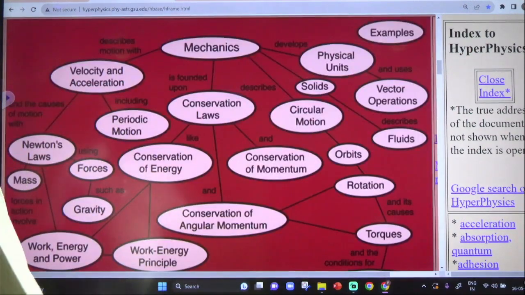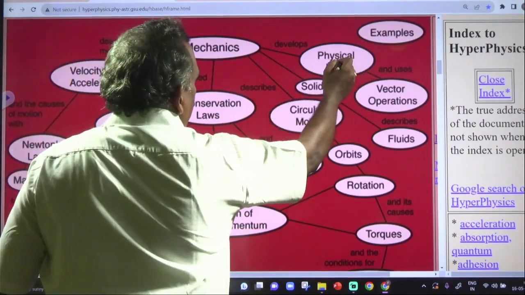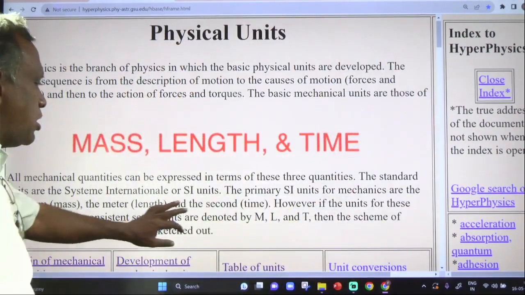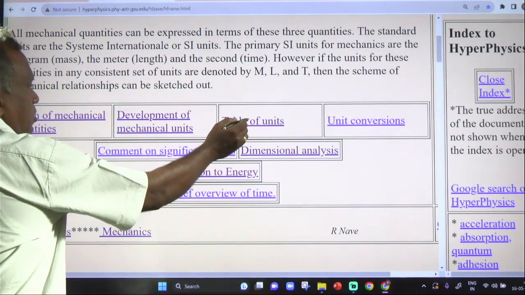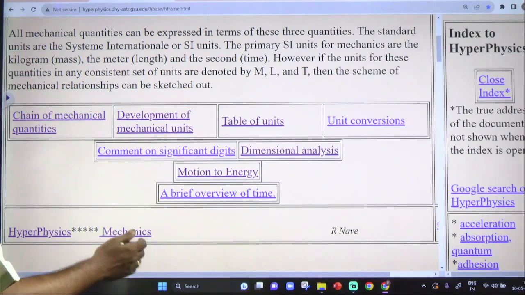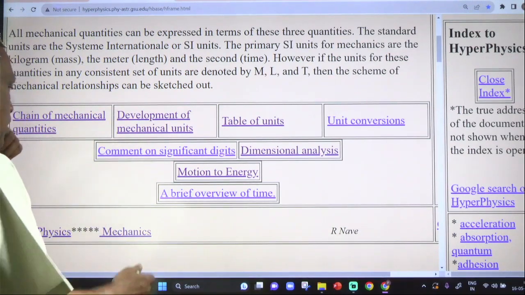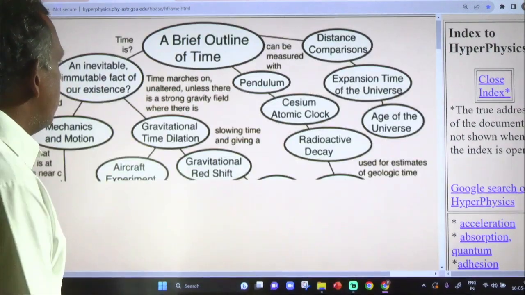So in mechanics, there are physical units. In the physical units, we have seen unit conversions, tables of units, dimensional analysis, and motion.